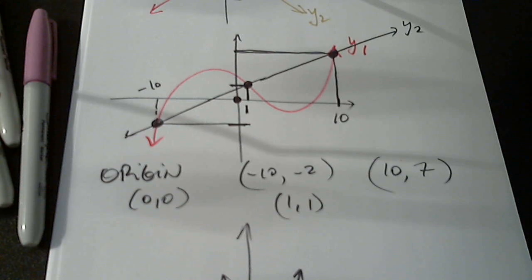The points are the same. It's the same point, and they have the same value. So this point is negative 1, 4, and that is a point of intersection. At x equals 0, is this a point of intersection? No. Is x equals 1 a point of intersection?